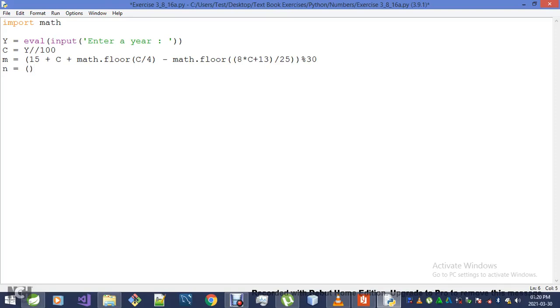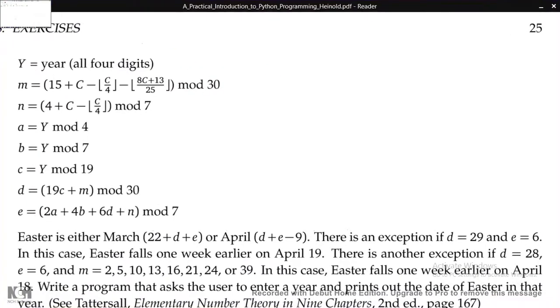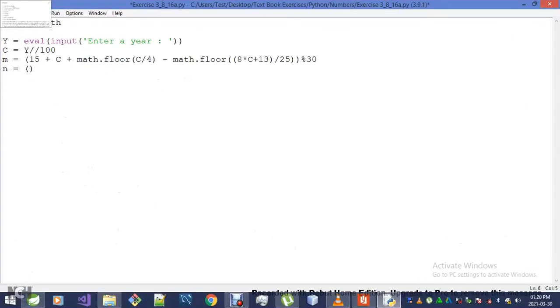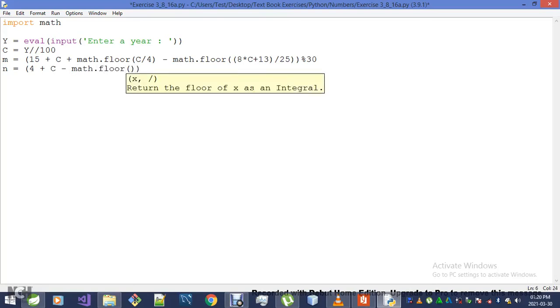So the next thing for me to do is to set the N value. So it's gonna be 4 plus capital letter C, minus math.floor of C over 4, right? And then finally we mod everything by 7. So far so good.